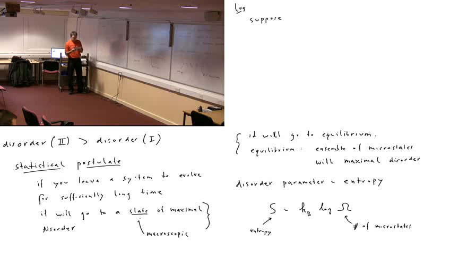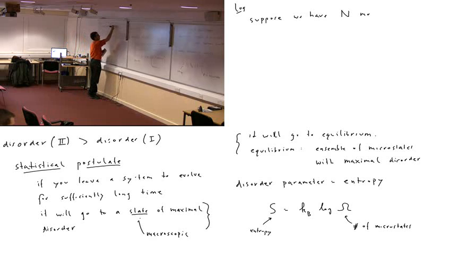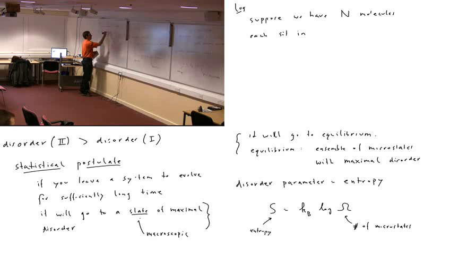So suppose that I have some system which has capital N molecules, and suppose that these capital N molecules can each sit in small n different states.